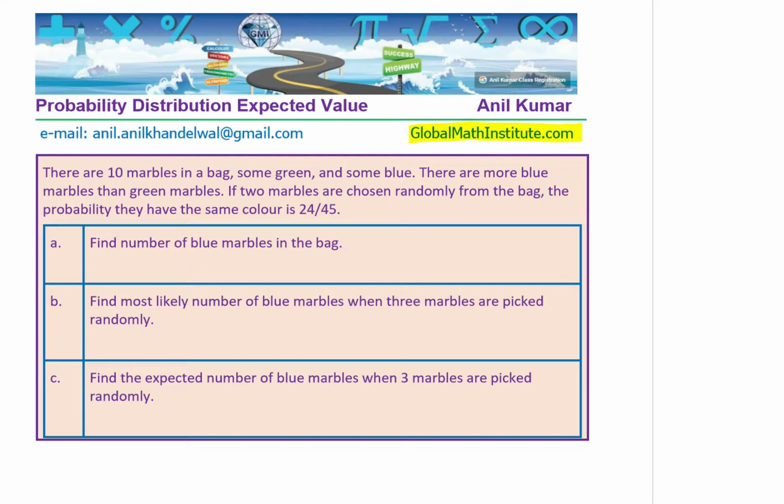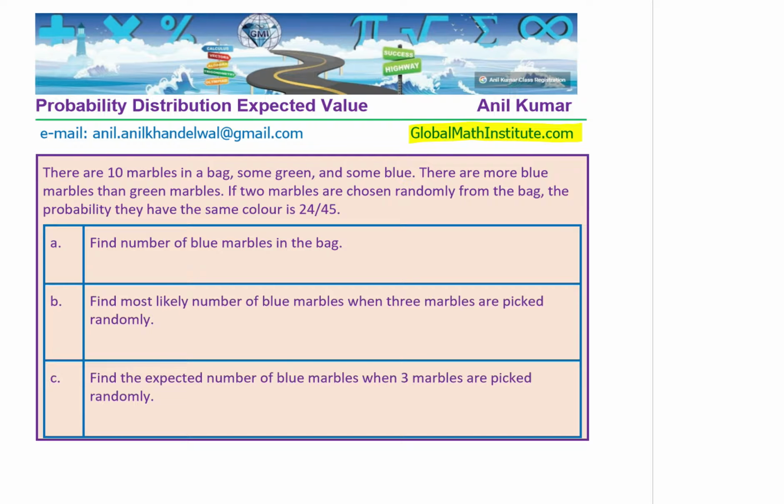And our second point, which is very important to look into, is that if two marbles are chosen randomly from the bag, the probability they have the same color is 24 by 45. What does that mean? So we are given the probability of two same color.